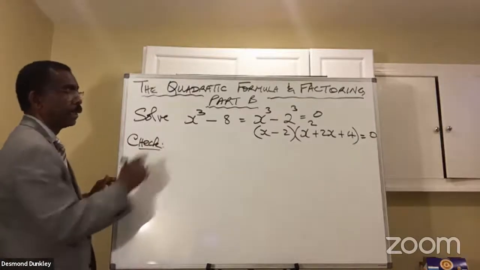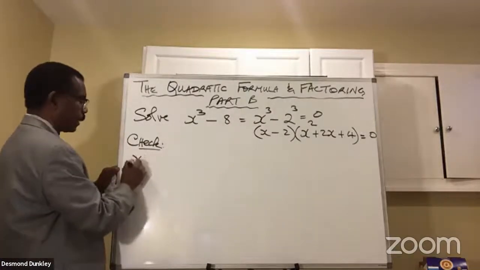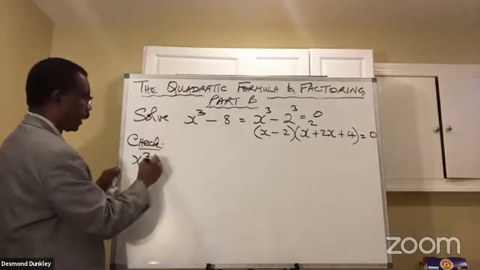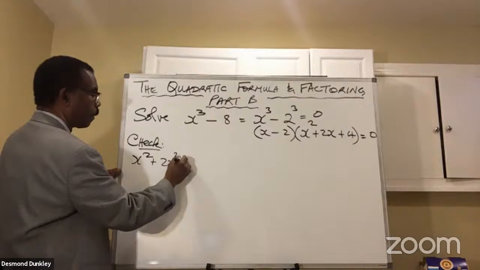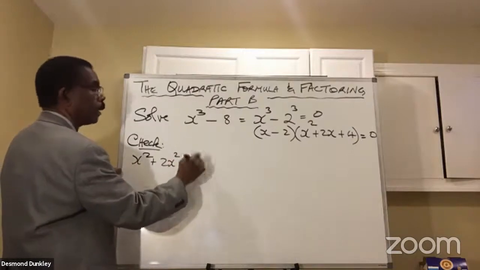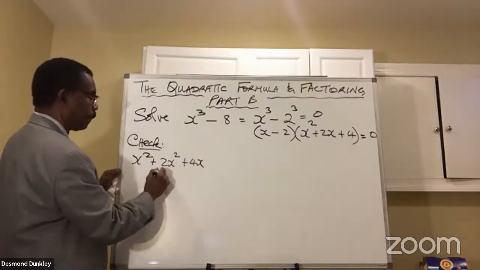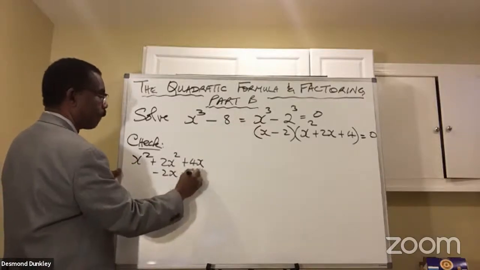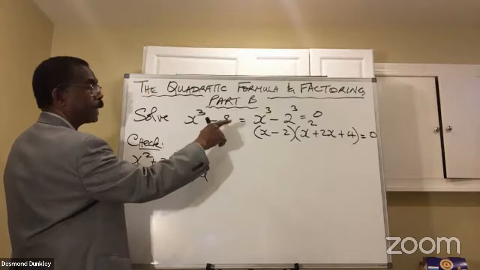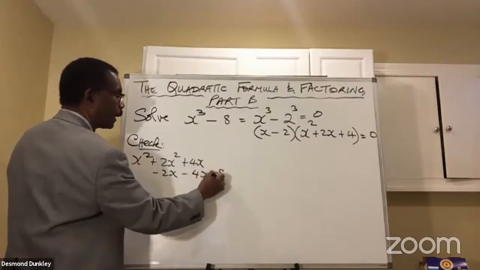We did correct. X times x, x squared. X times 2x, plus 2x squared. X times 4, plus 4x. Negative 2 times x, minus 2x. Negative 2 times positive 2x, negative 4x. Negative 2 times positive 4, negative 8.